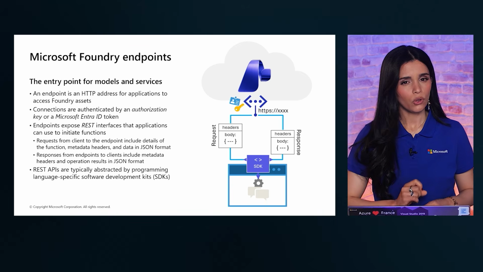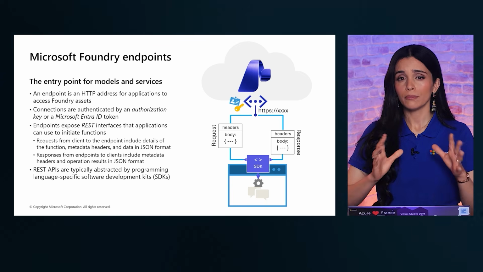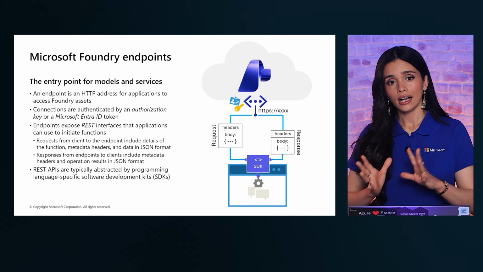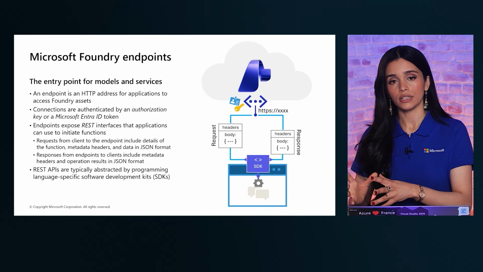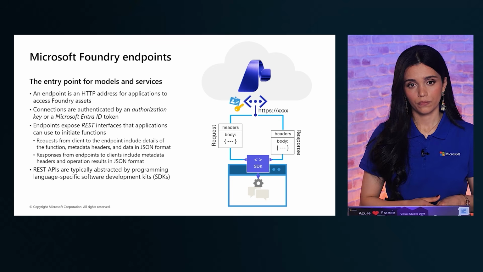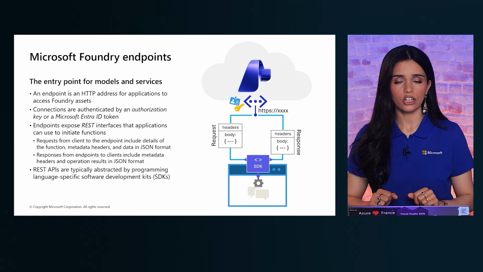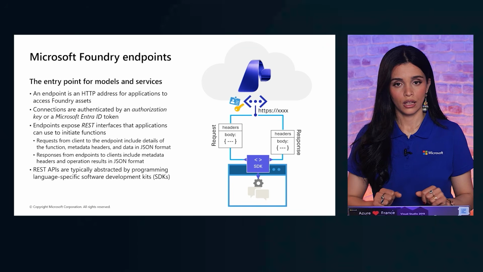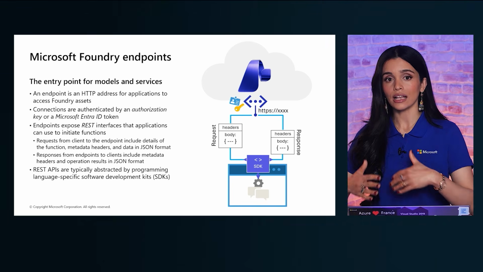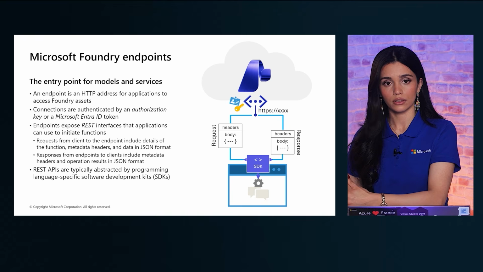Let's make that simple with an example. So imagine our AI assistant for employees to ask HR questions. When a user types a question like, "How many vacation days do I have left?" the application sends that request to a Foundry endpoint.